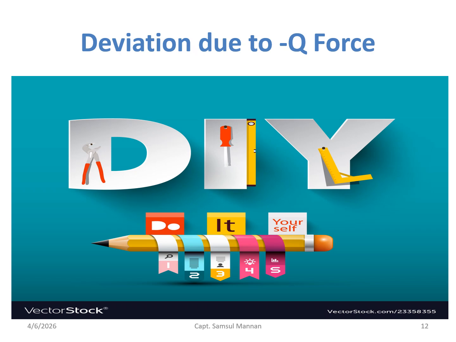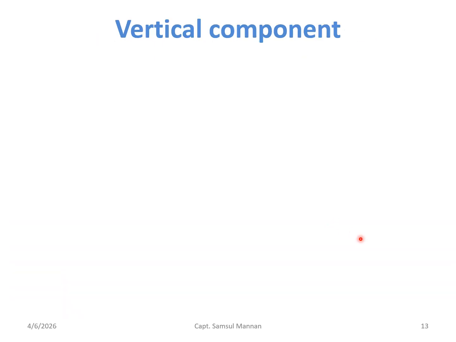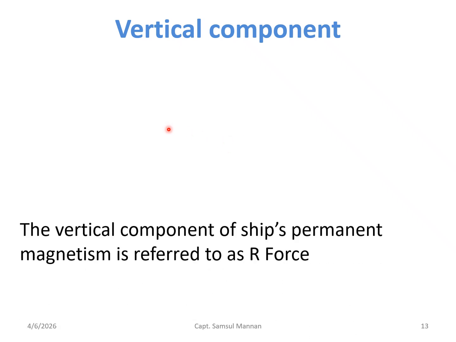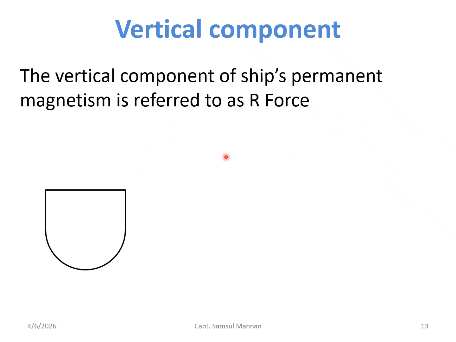I want you guys to make a deviation curve due to minus Q force. Right now let's see what the effect of the vertical component is. We already know that this vertical component of the ship's permanent magnetism acts either from top to bottom or from bottom to top, depending on the construction process, right?